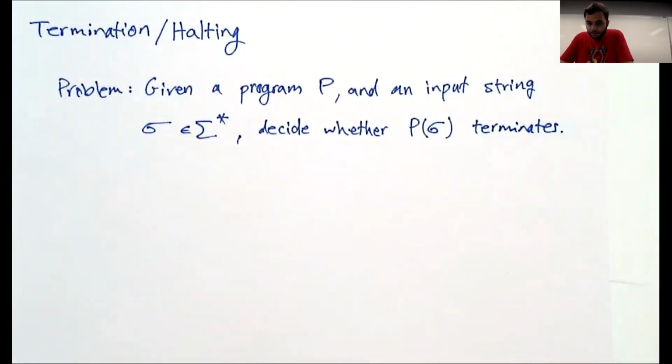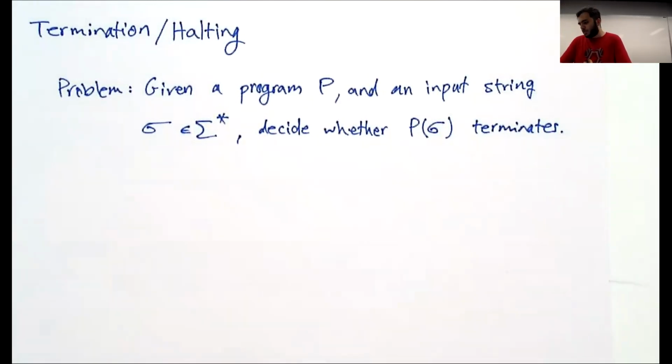So the first question is, what kind of program is P? Is P deterministic or non-deterministic? Does it have probabilities in it, stuff like that. Let's start with the simplest case and let's just say that P is deterministic.